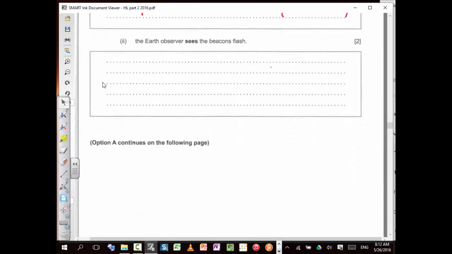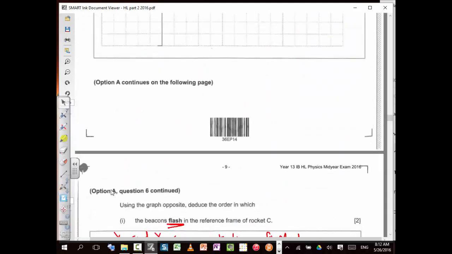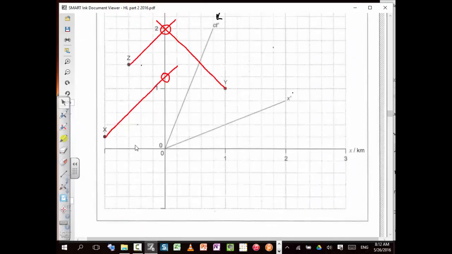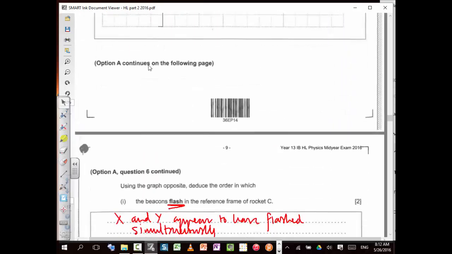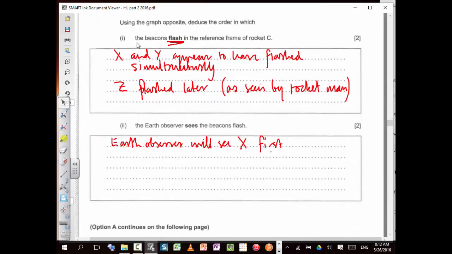Okay? So the Earth observer will see X first. I think it was X, and then Y and Z were simultaneous, is that right? Yeah, X was first, and then Y and Z are seen simultaneously.